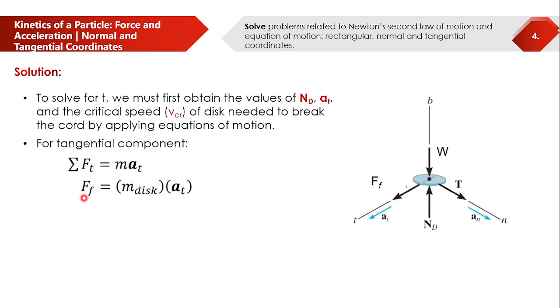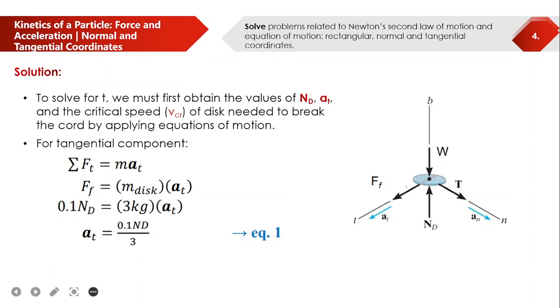So that will be friction force is equal to mass of the disk times the tangential component of the acceleration. So that will be 0.1 N sub D equals 3 kilograms times A sub T. So A sub T is equal to 0.1 N sub D over 3. Okay?